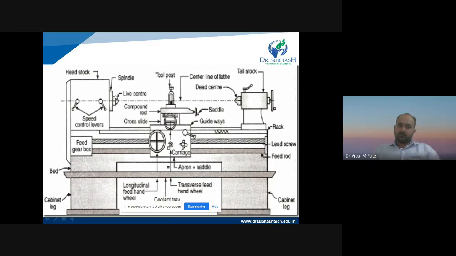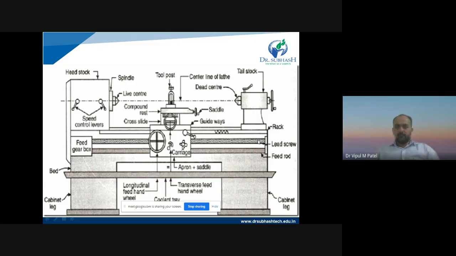This one is a headstock. This one is a tailstock. It is a rack. This one is a lead screw. This is known as a lead screw. I hope all of you have some idea regarding the lead screw, the students who are from the diplomas.